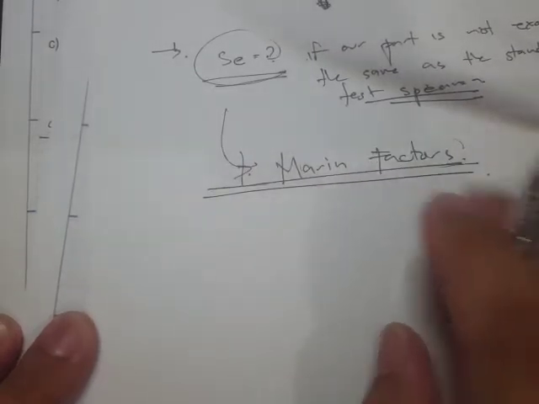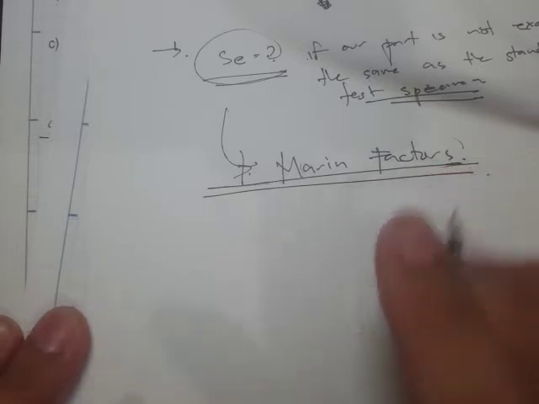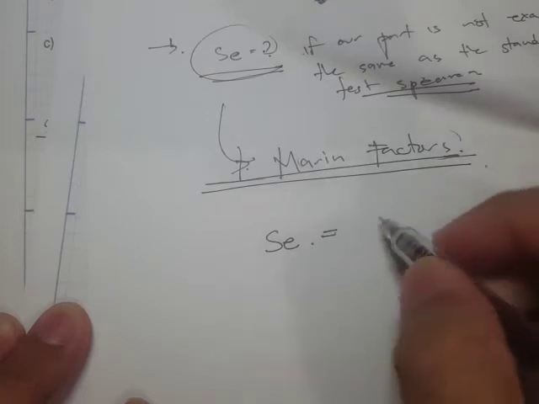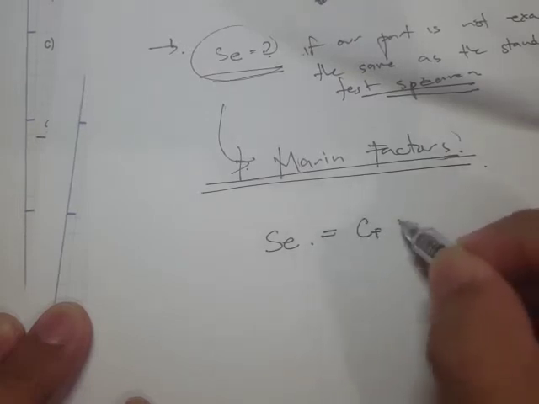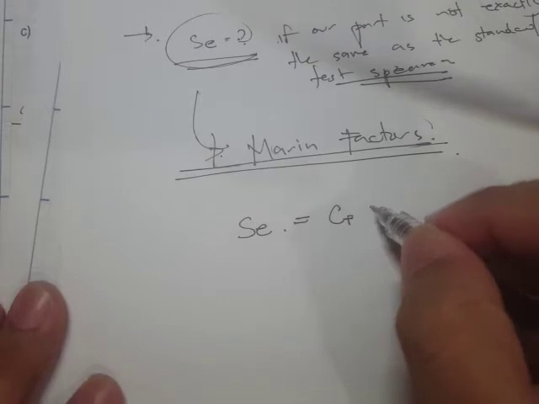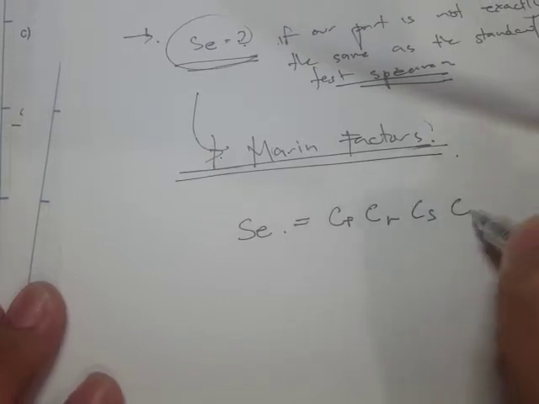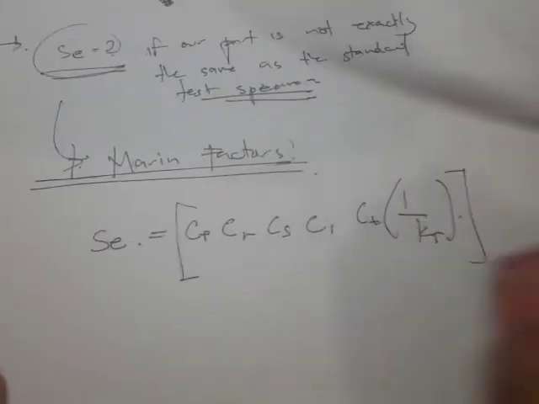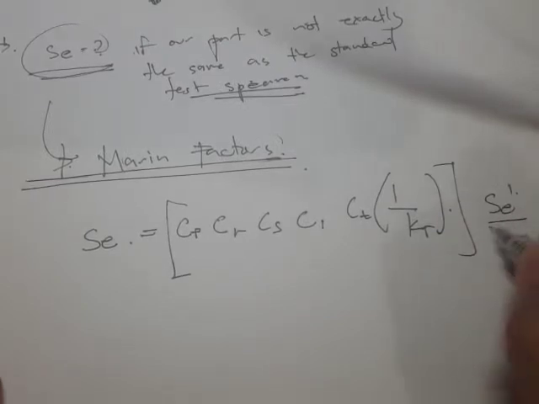Basically these are just a bunch of factors that we multiply to our theoretical endurance limit so that we can obtain the corrected endurance limit. So Se is equal to a bunch of factors, I'll write it here: CF, CR, CS, CL, CT, times the theoretical endurance limit.